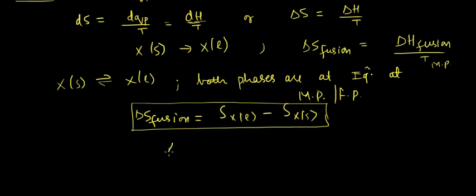And also we can write that delta S of fusion can be written as negative of delta S of freezing.